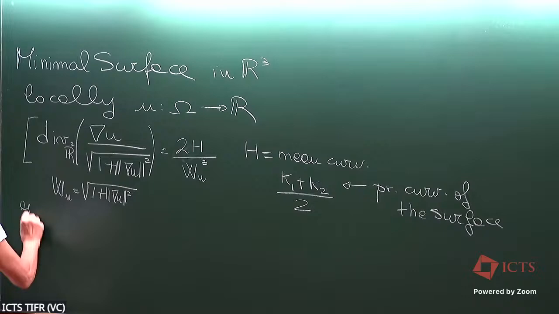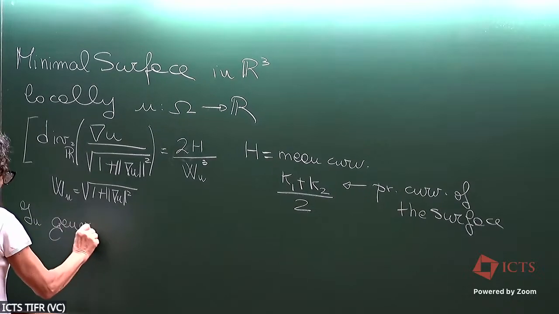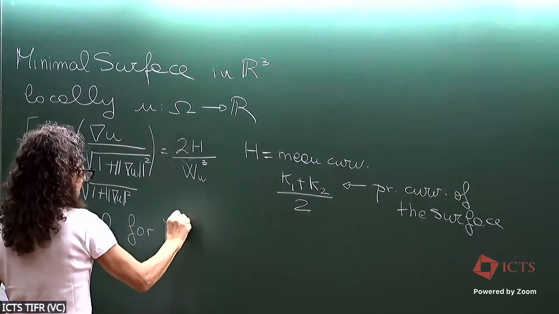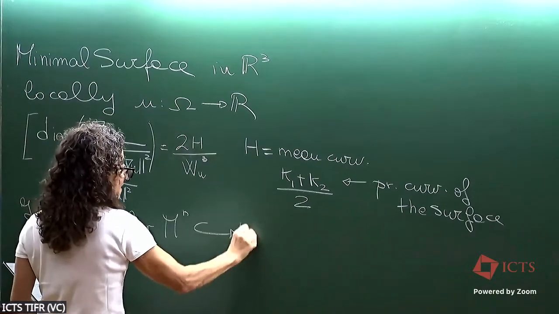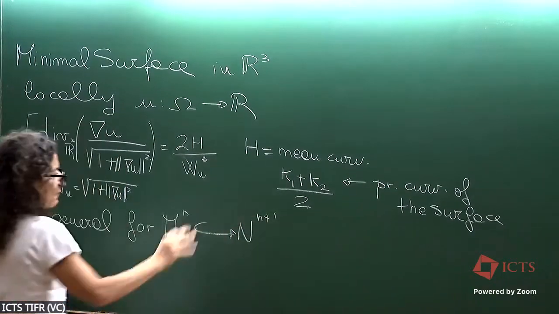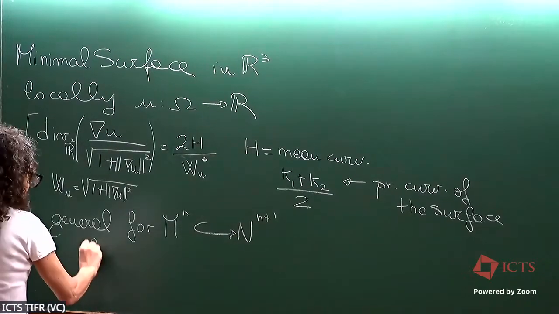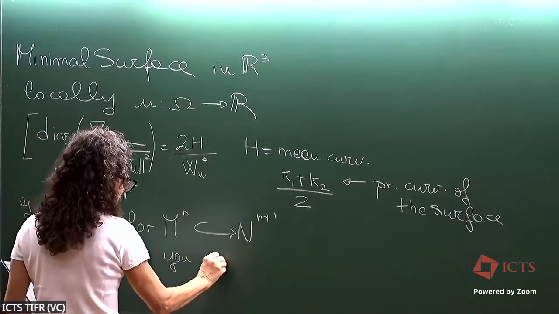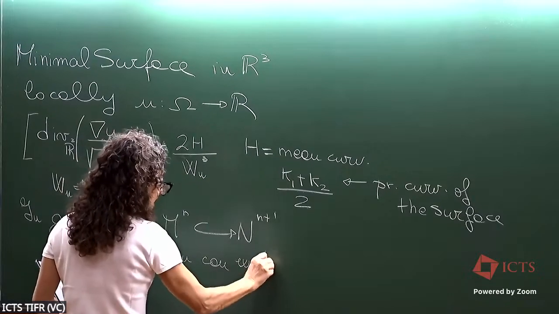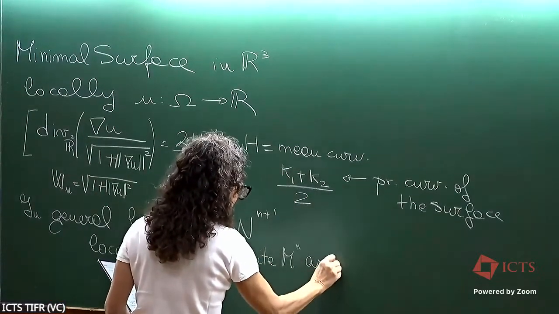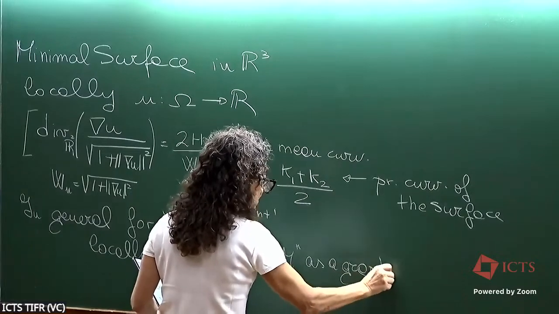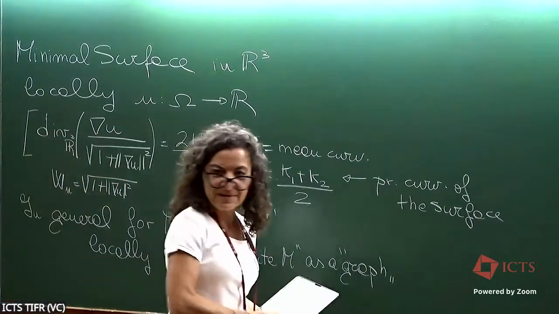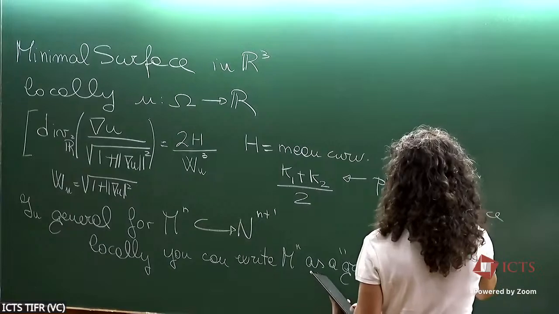So in general, let's say M^n in a Riemannian manifold of dimension one more, locally you can write M^n as a graph of a function. Here, everything is a little bit sloppy because you have to define what a graph is, but believe me, you can give a sense to all this.